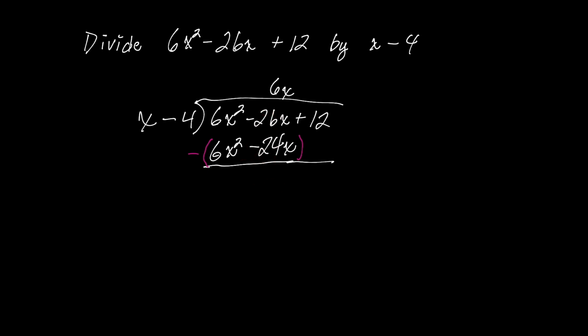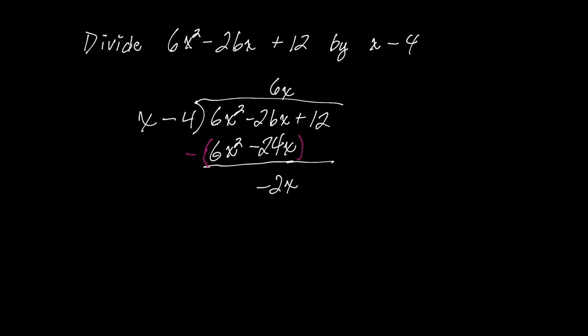But we're not going to do that. We're going to do negative 26 minus a negative 24. What's minus a negative? Well, minus a negative is a positive. It's adding. So negative 26x plus 24x would give me a negative 2x.